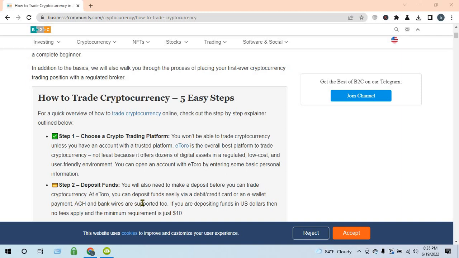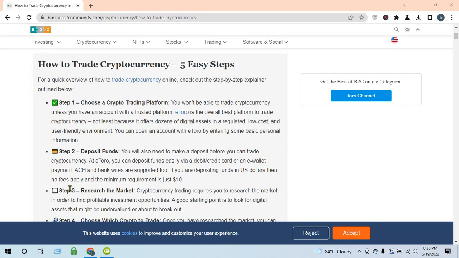You can deposit funds easily with a credit and debit card or an e-wallet payment. ACH and bank transfers are supported too. If you are depositing funds in US dollars, then no fees apply and the minimum requirement is just $10.